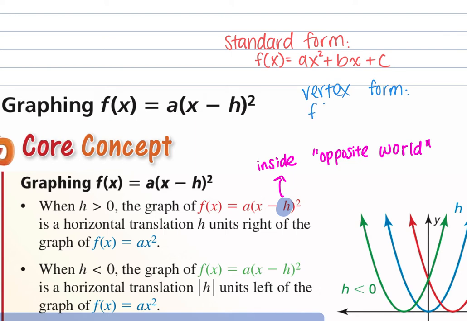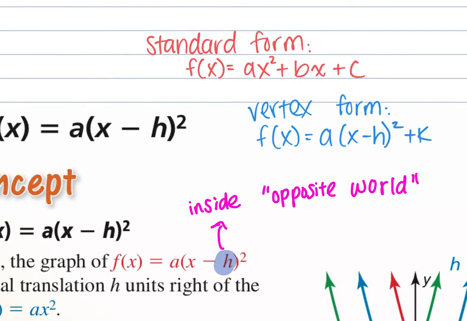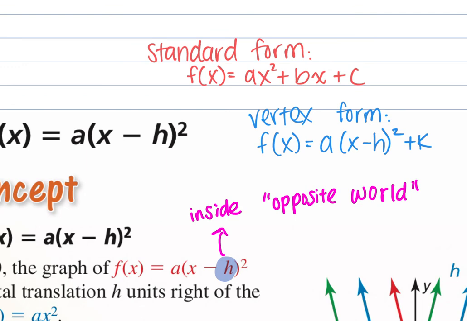And watch, it's f of x equals a times x minus h squared plus k. Why do you think it's called vertex form? Because it finds the vertex. It does find the vertex for you, okay?